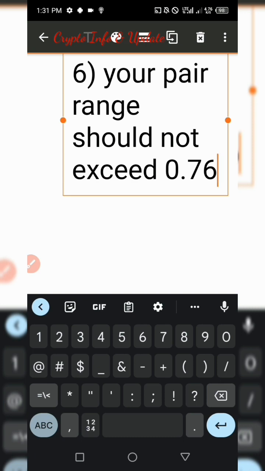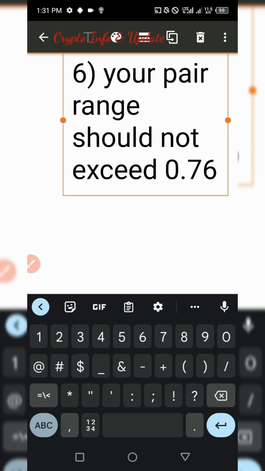Your pair range should not exceed 0.76. Now you will ask, what do I mean by that? Don't worry, I will show you what I mean by this when we get to Binance. I will show you exactly what it means and how you calculate it.